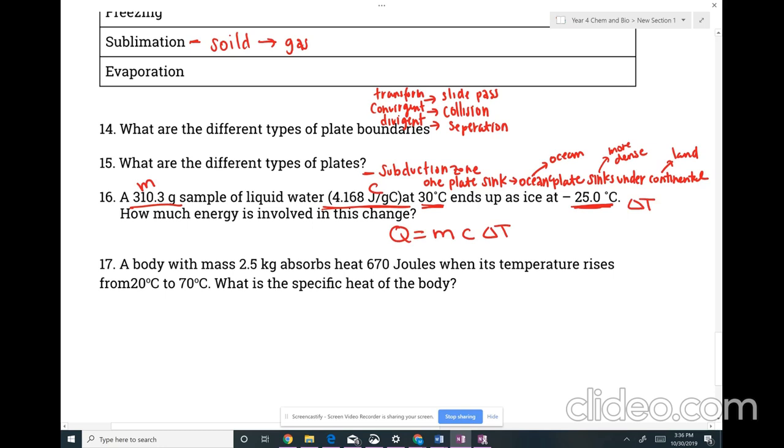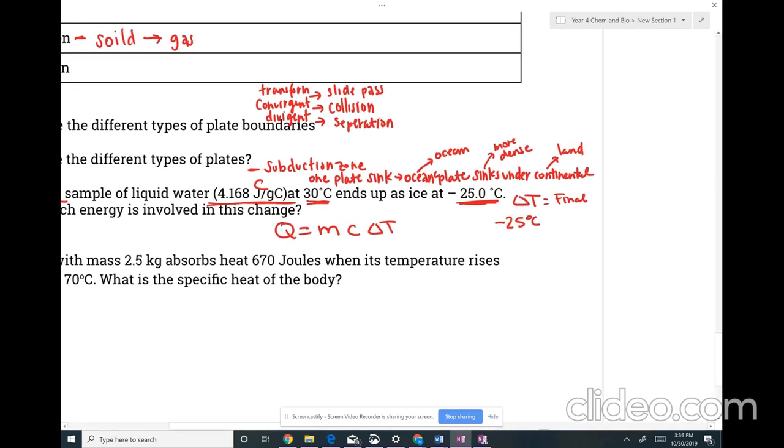The trickiest part about this problem is that our T final is negative 25 degrees Celsius, and then our initial is going to be our 30 degrees Celsius. So we have to see that this is going to be final minus initial. So negative 25 minus 30 degrees Celsius.